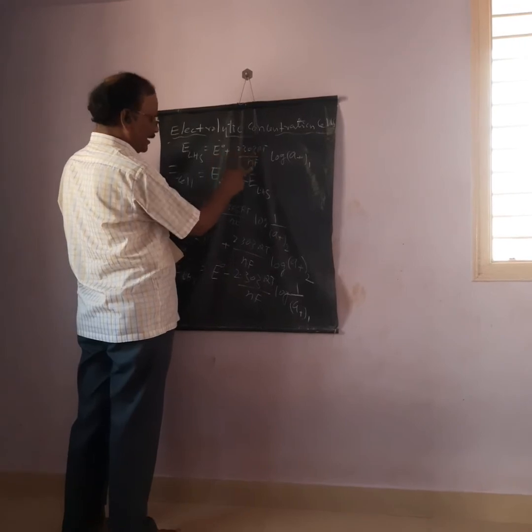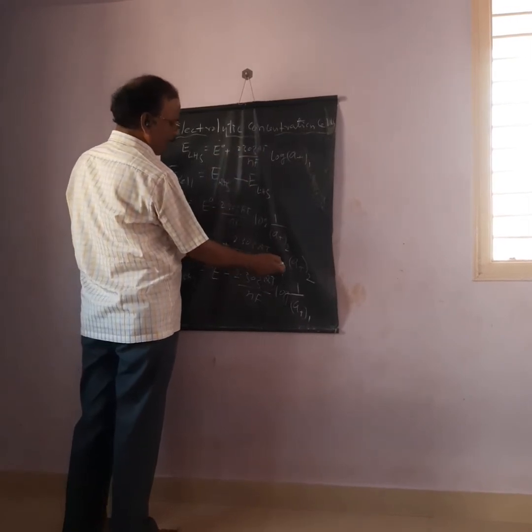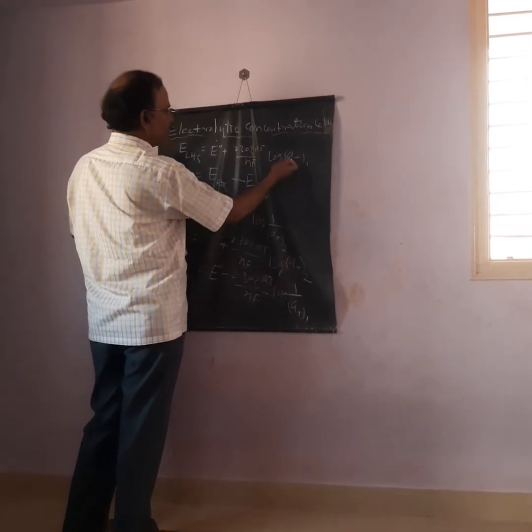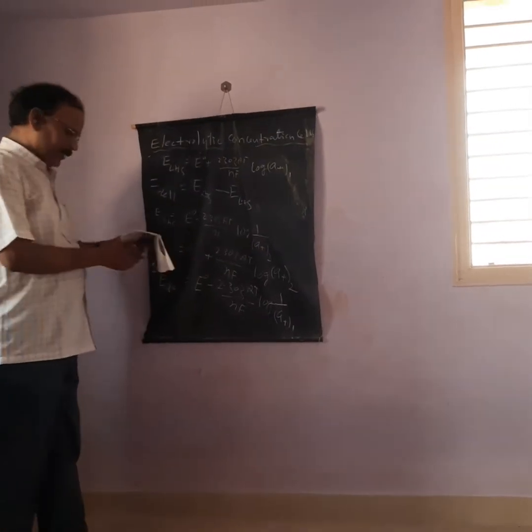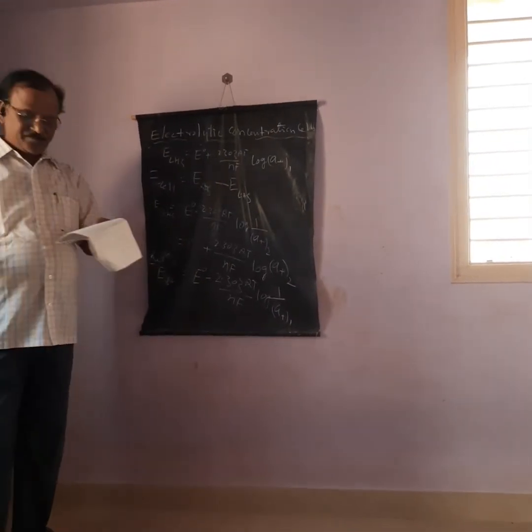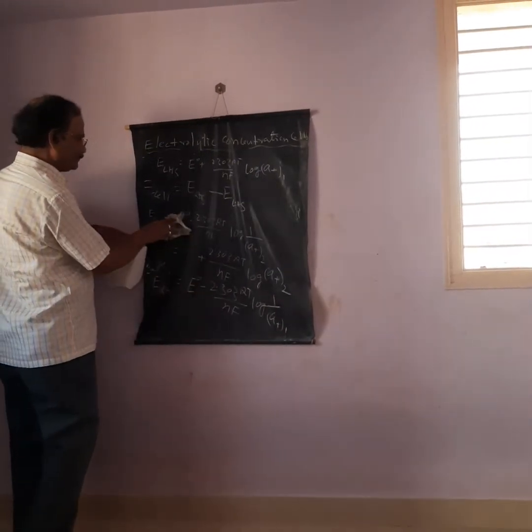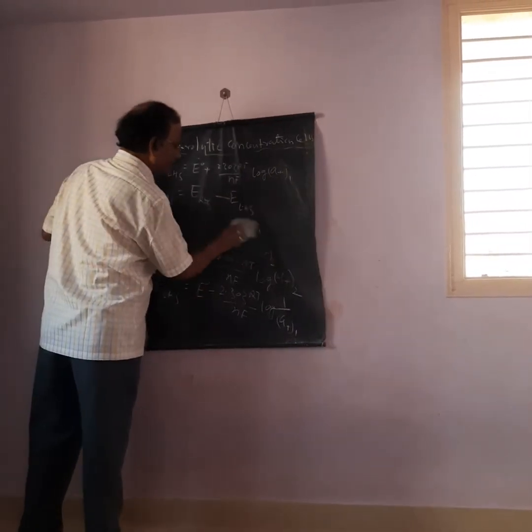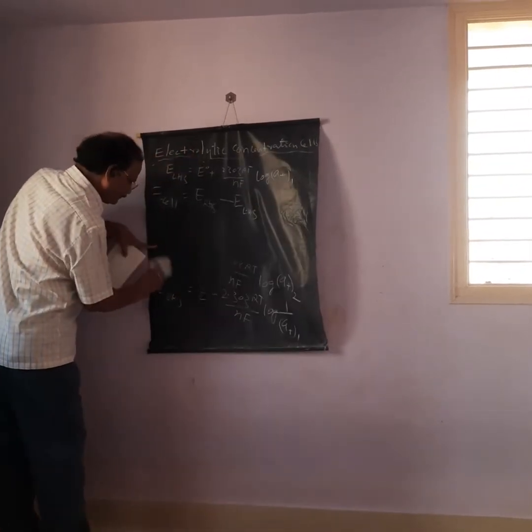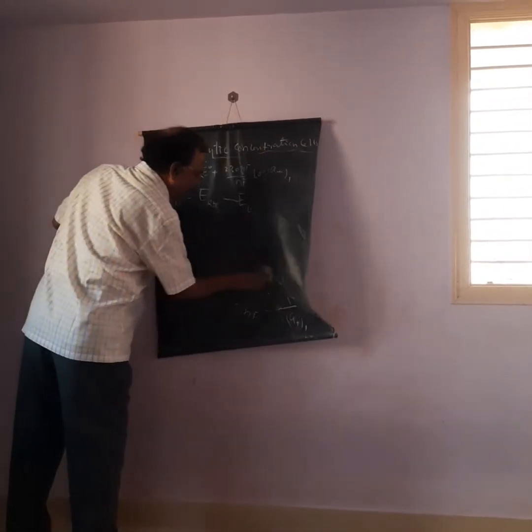Here 2.3 is a common factor. Here it is log A2+ and log A1+, so it becomes A2 by A1.